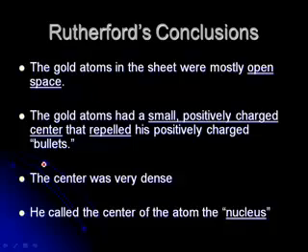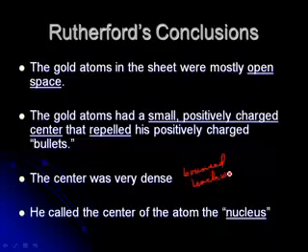And let's drop down to this one here. Because a very few bounced backward, he concluded that there must be some very small dense center that every once in a while these alpha particles would hit, and it would bounce them straight back.